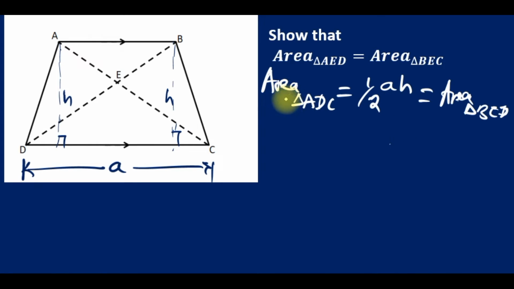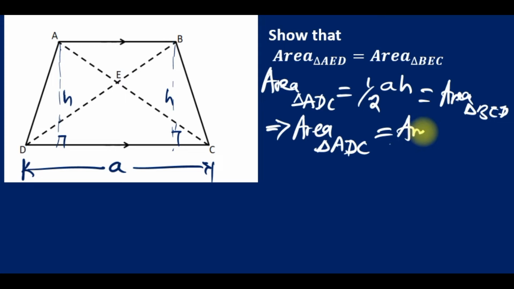So what do you notice? We now see that the area of triangle ADC is the same thing as the area of triangle BCD. And if you look at it, you notice that the 2 triangles have a common area, DEC.